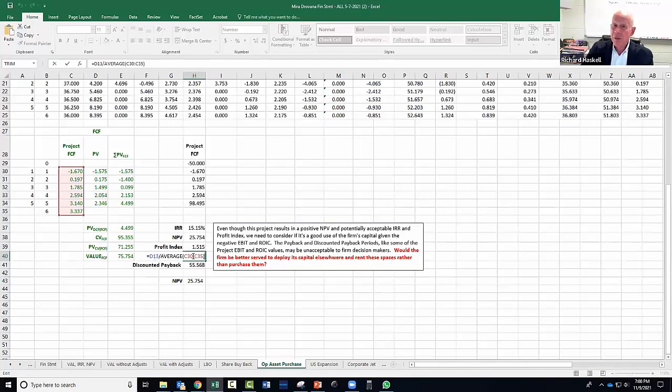So I'm approximating this. I'm not doing this very rigorously. And that may not be a great way to do it, but it's kind of a quick and dirty way to do it. So I'm taking the amount divided by the average cash flow, and it tells me it's going to take almost 32 years for this thing to pay itself back.